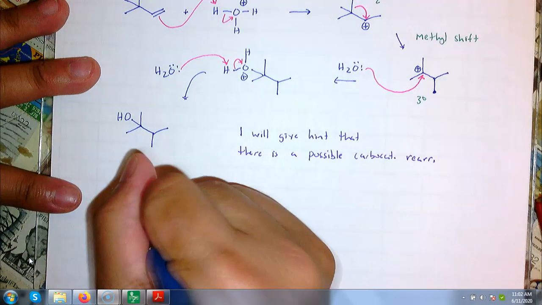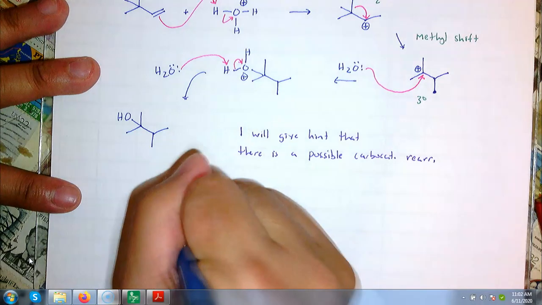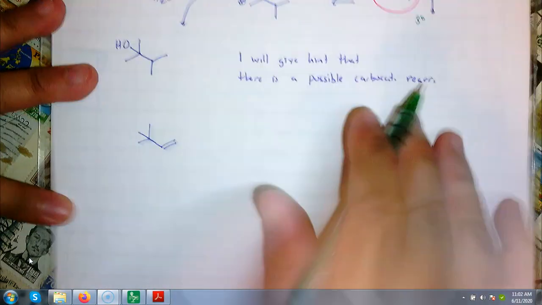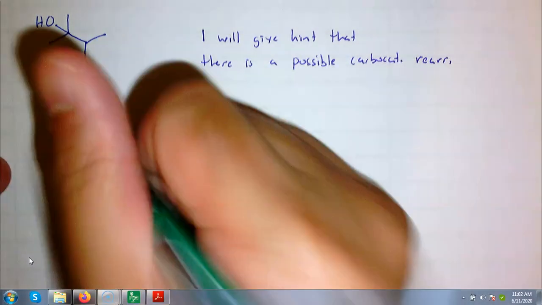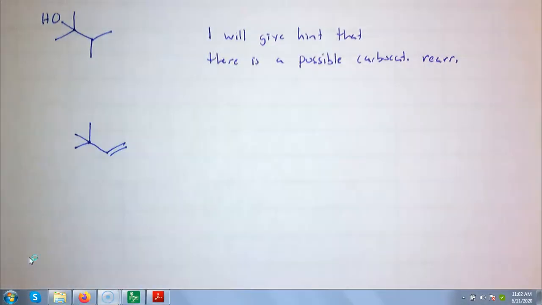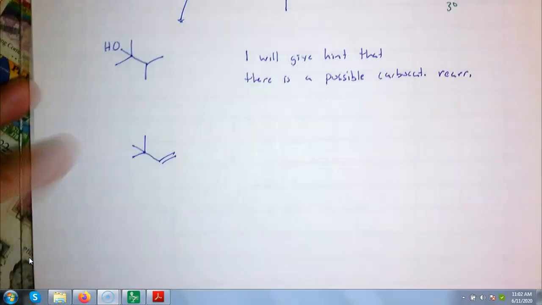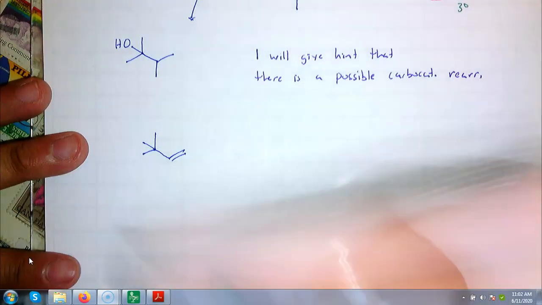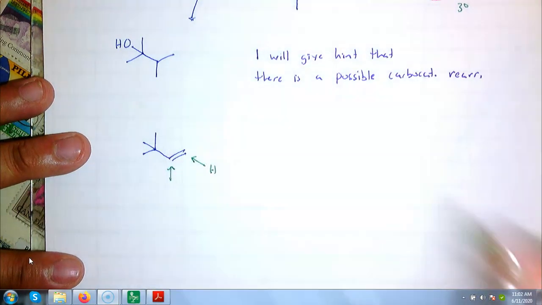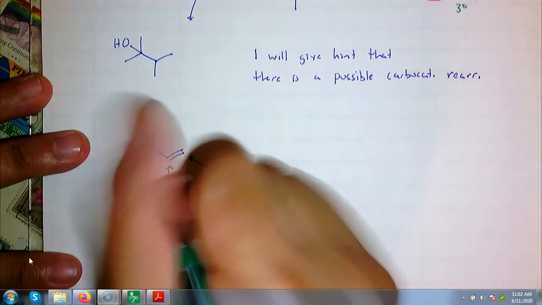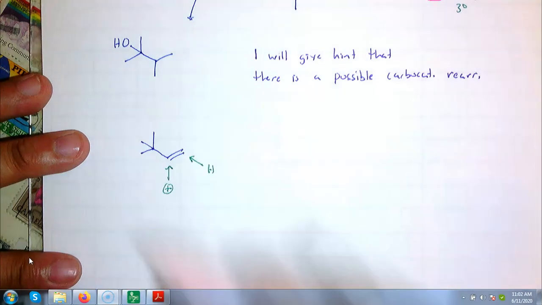When looking at this starting material, without having to go through the mechanism, because I'm not going to ask you for the mechanism for every single problem. I may just ask you to draw the final product. Say something like this. If H goes here, the rich get richer, and the plus charge goes here for the intermediate.